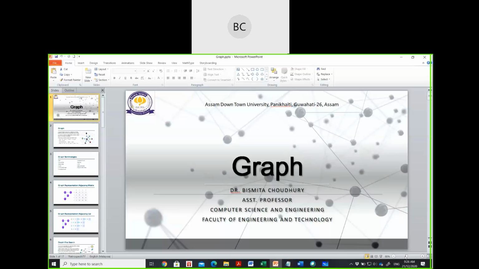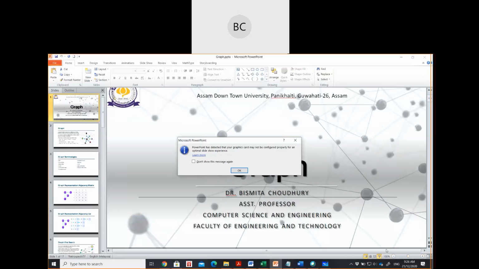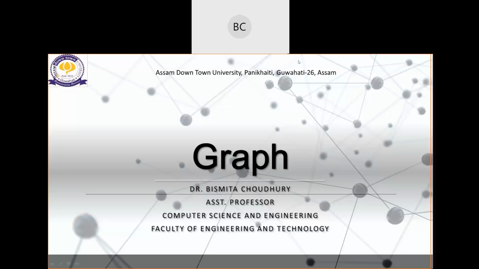Graph, lines, okay, and what else? Other than lines.